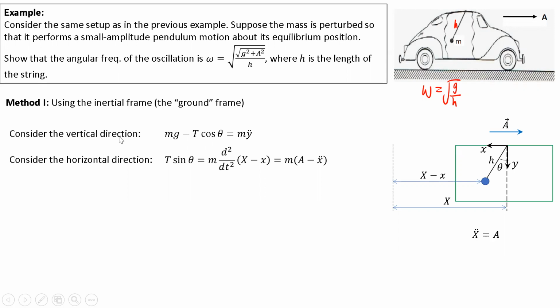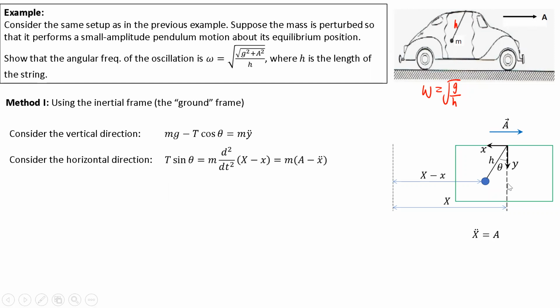For the vertical direction, what I have is these two forces, the weight and the vertical component of the tension, and that has to equal m times the vertical acceleration of this mass, which I call m y double dot.